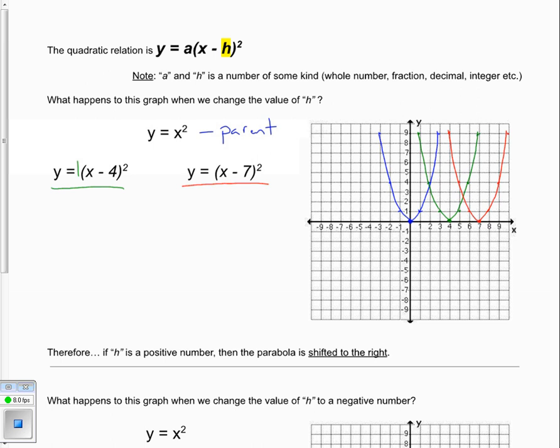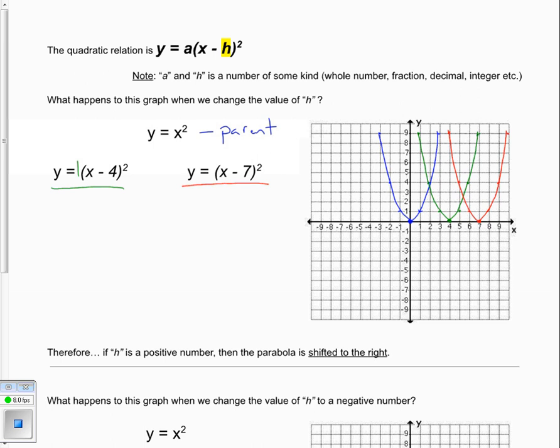So if the h value in the equation looks like it's negative, it's actually moving to the right. Therefore, if h is a positive number, it moves to the right. And why do I say positive number?